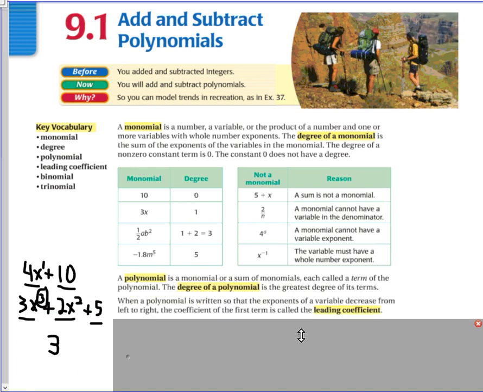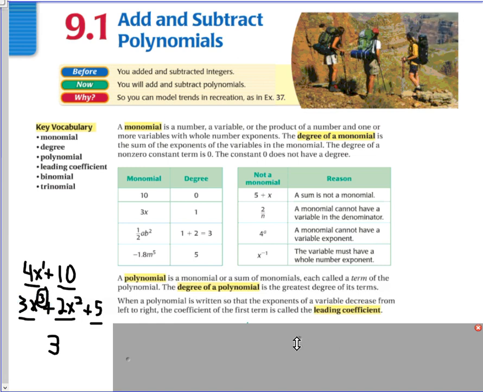All right. The next vocab word that we need is the leading coefficient. When a polynomial is written so that the exponents of a variable decrease from left to right, the coefficient in the first term is called a leading coefficient. So again, let's take this 3x cubed plus 2x squared plus 5. If I look at this example, my leading coefficient is going to be 3.